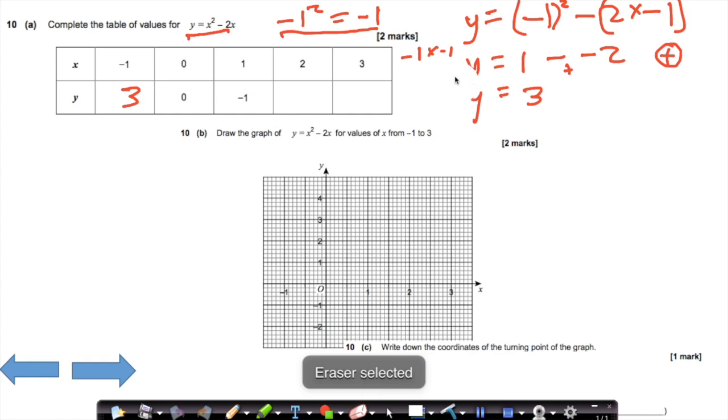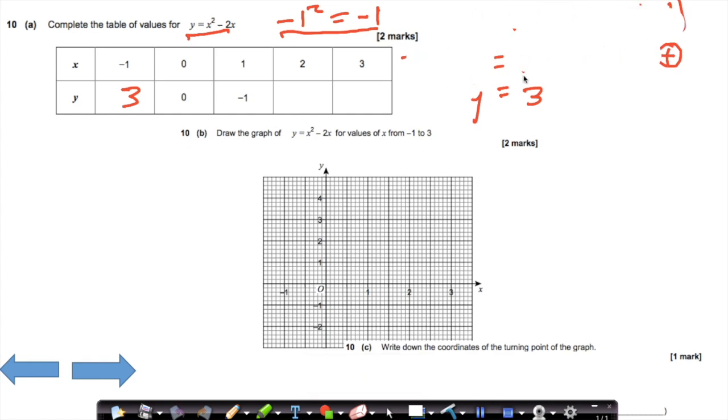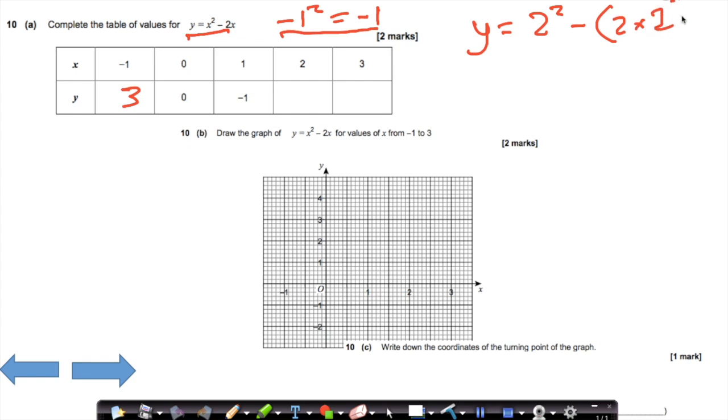If we move on to number 2 with our x value and find out what the y value is. So our x value here is 2, y equals 2 squared, and it doesn't matter about the bracket now because I'm not dealing with a negative number. So 2 squared minus, but I will do a bracket here just so with the BIDMAS I don't get confused at all, because it's quite easy to understand that I'm going to have to do the brackets first here.